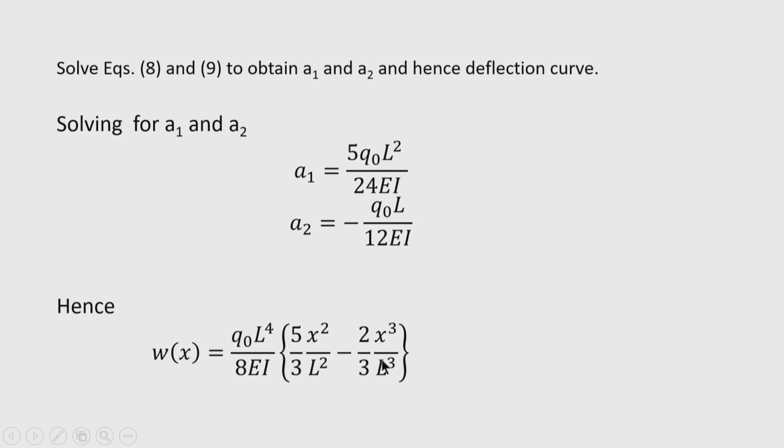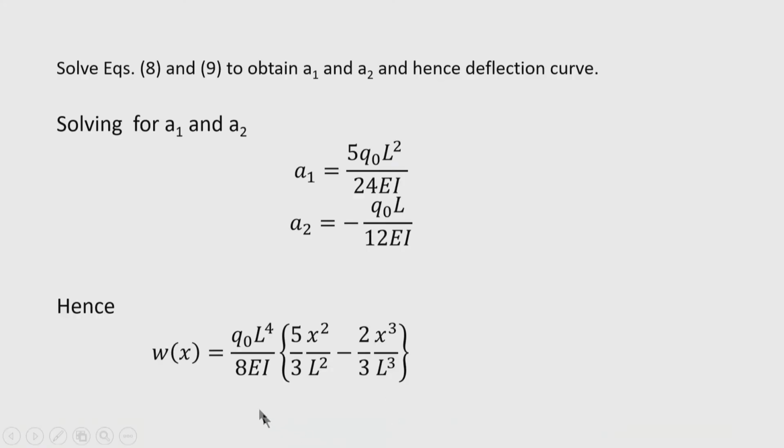Now, we have taken the origin at the fixed end of the beam and x equal to L is the free end. So, for the cantilever problem, we know the deflection at the free end. Deflection at the fixed end, of course, is 0, and the slope is also 0. The deflection at the free end, if we want to calculate, we put x equal to L and then we can see that the exact value is obtained.